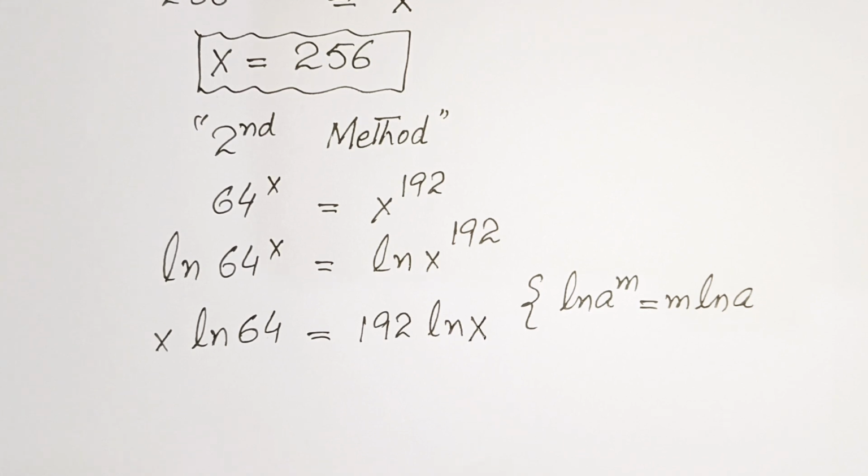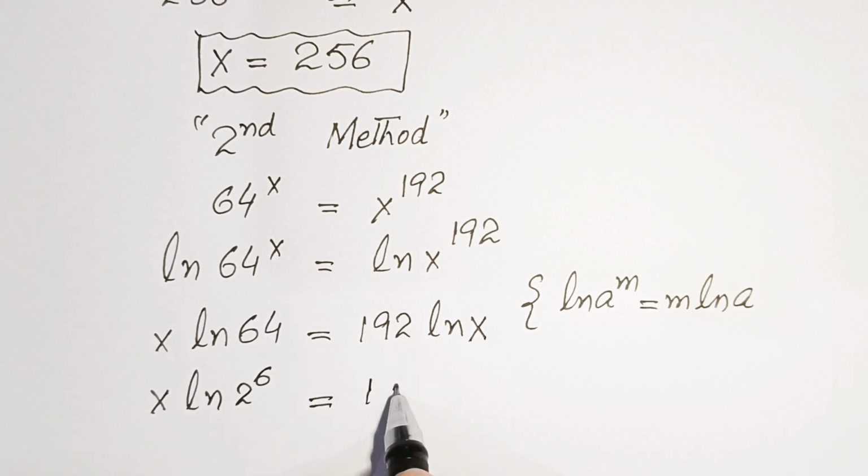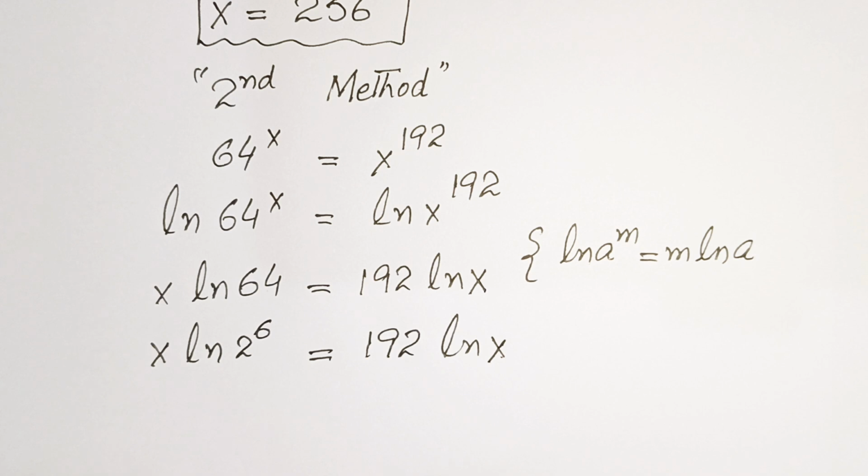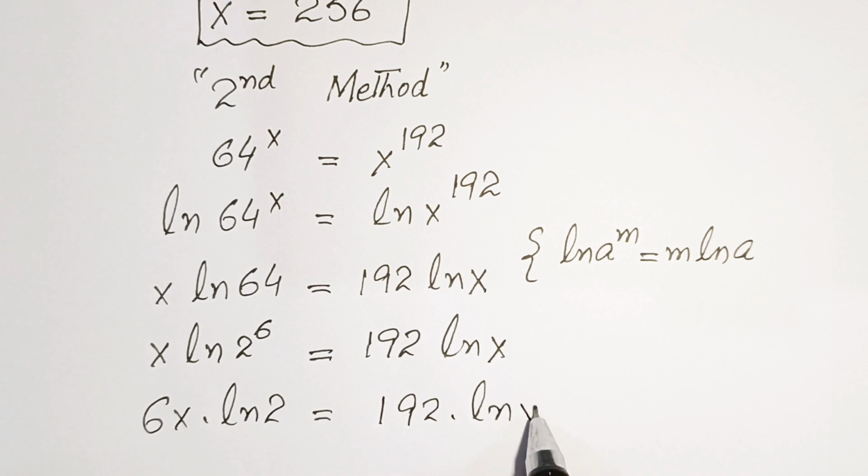Now here this 64 can be written as 2 to the power 6, so x times natural log of 2 to the power 6 is equal to 192 natural log of x. Now our next step will be using again the same law. Then we get 6 times x times natural log of 2, which is equal to 192 times natural log of x.